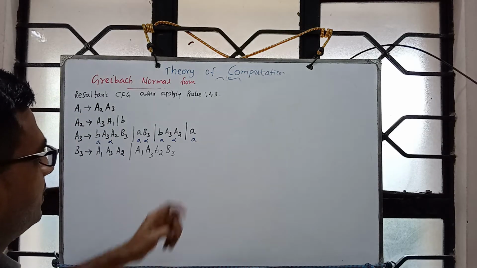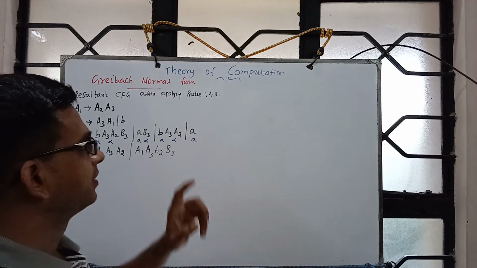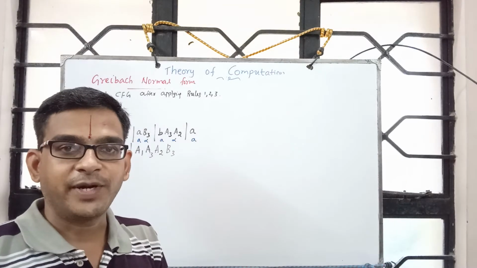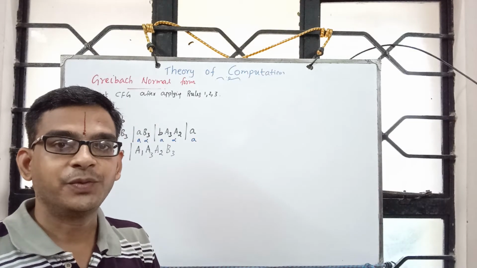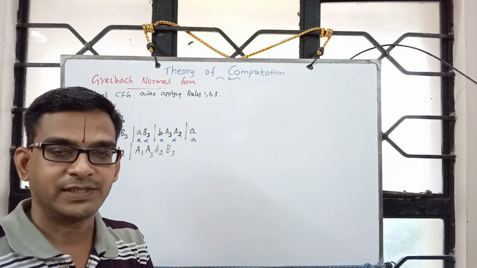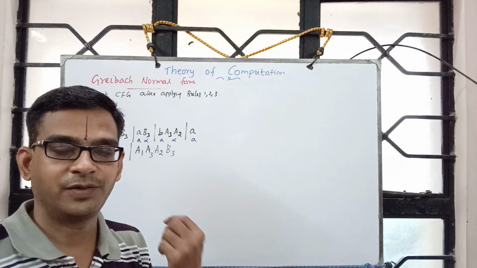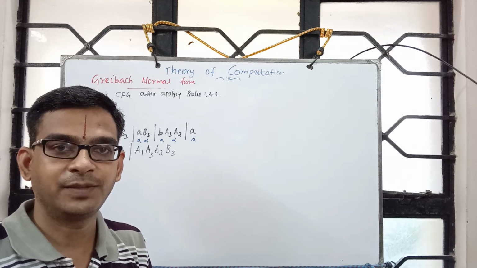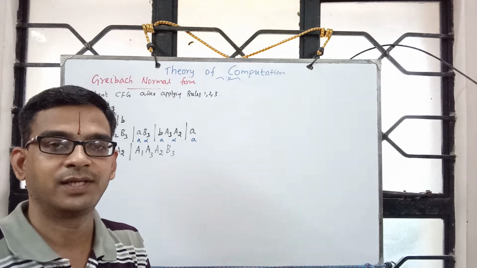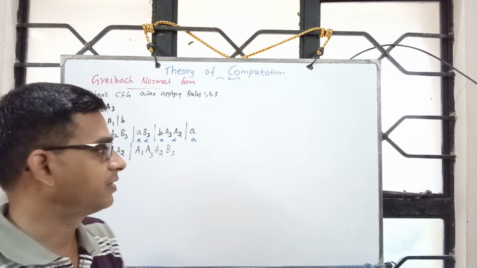What was the purpose of applying this? So that when you apply rule 1, 2, 3, you don't get into a cyclic argument. For example, in one of our examples, we saw S implies AS, S implies SS. There we had a cyclic argument.